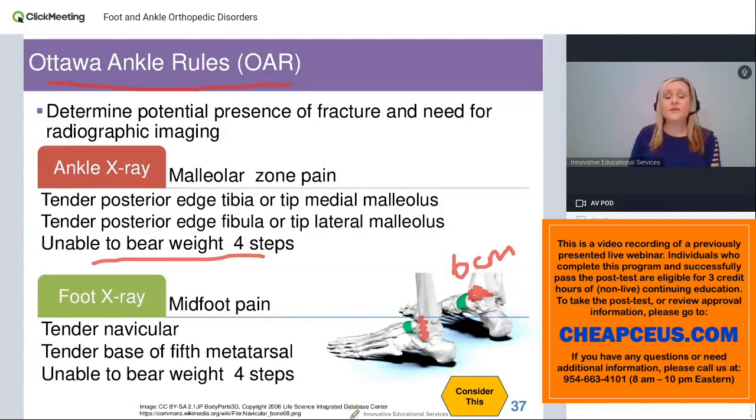That might let us know that that individual potentially has a fracture and needs that ankle x-ray.